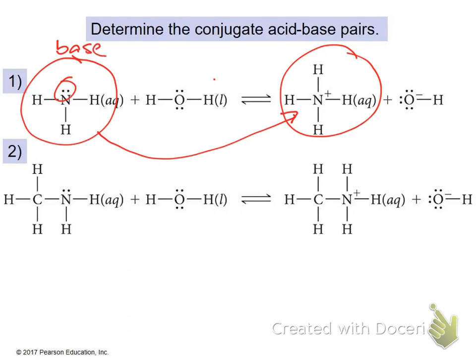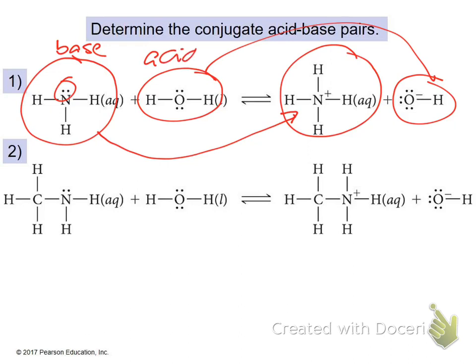And any Bronsted-Lowry acid is a proton donor. So that means that water here donated one of its hydrogens and turned into a hydroxide. So water is acting as an acid, which then turns into a base after the reaction, and the NH3 turned into an NH4 plus, which now is considered the conjugate acid, and we have a conjugate base.